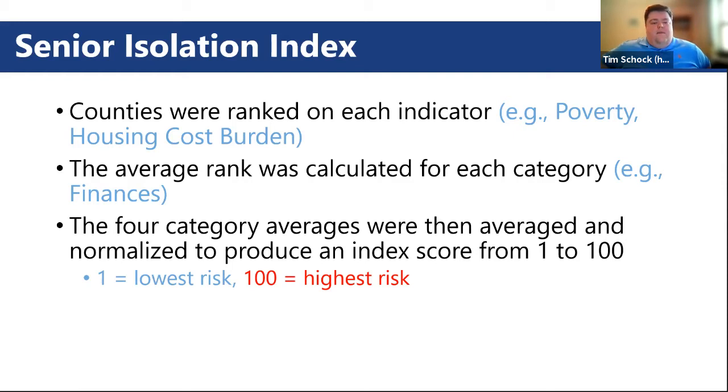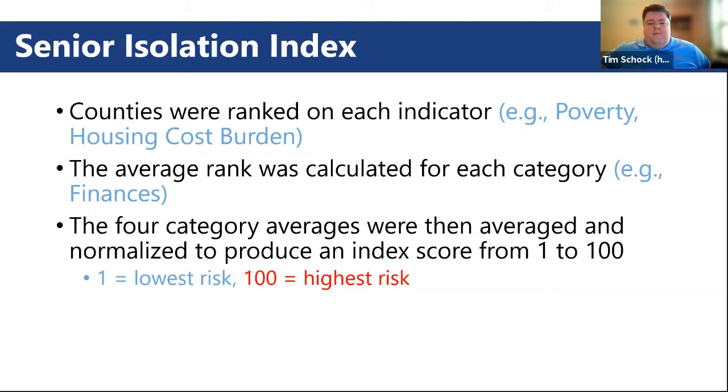So we ranked counties based on each indicator, and we gave ranks from 1 to 67 because we have 67 counties. We chose to give favorable scores, such as a low percentage of older adults in poverty, a score of 1, and then 67 would be a county that had the highest. The ranks were averaged across each indicator category.